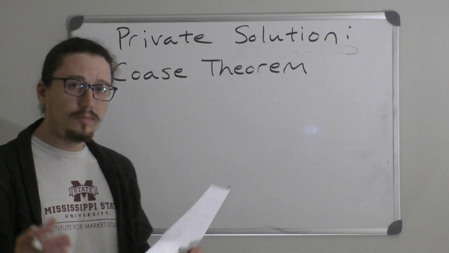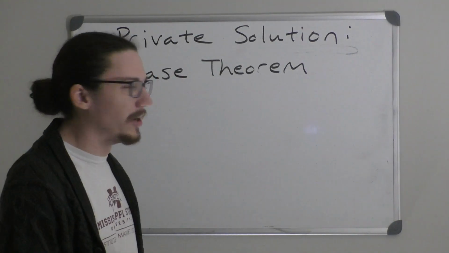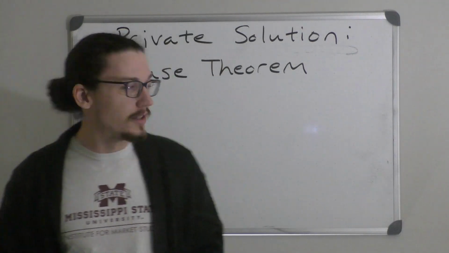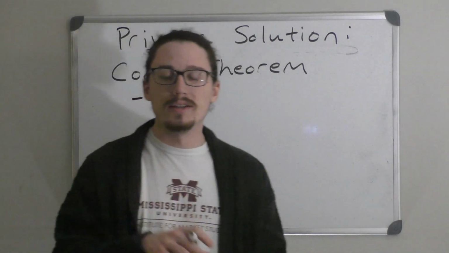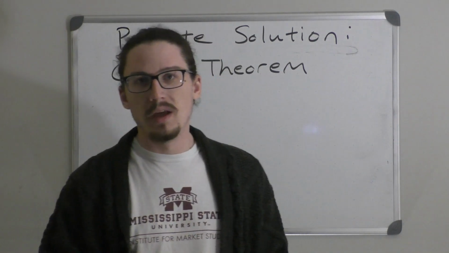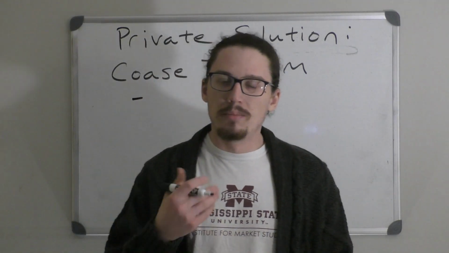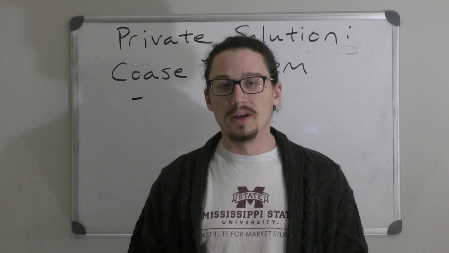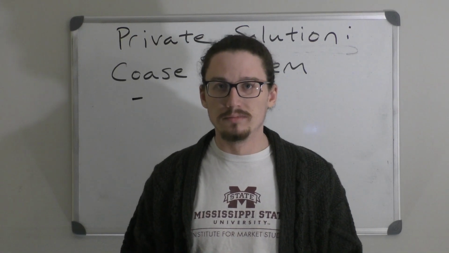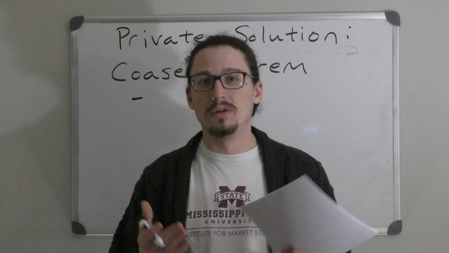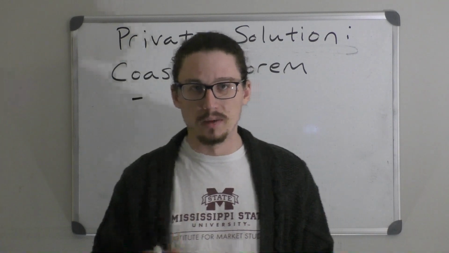Coase Theorem states that if transaction costs are low and property rights are well defined, then the market will find the socially optimal level of output, or the socially efficient equilibrium.